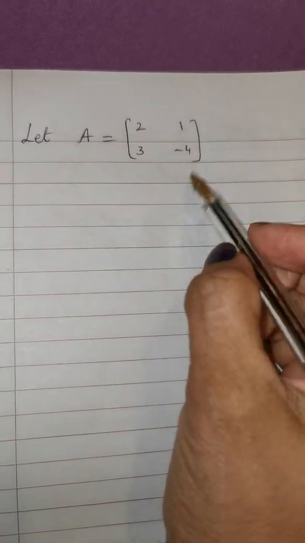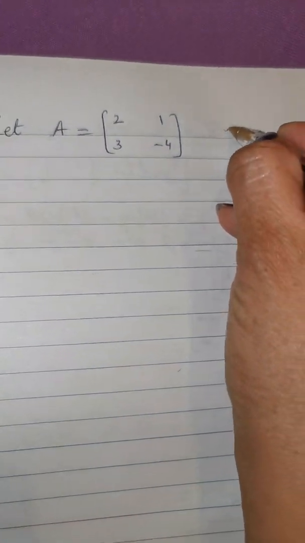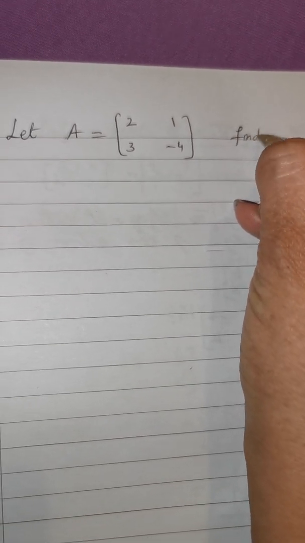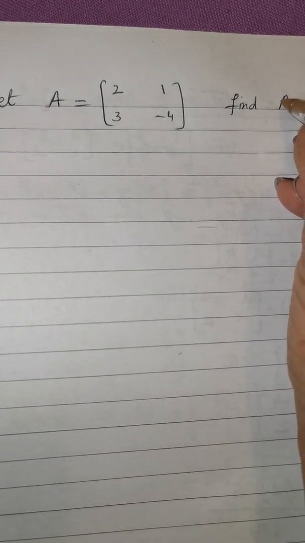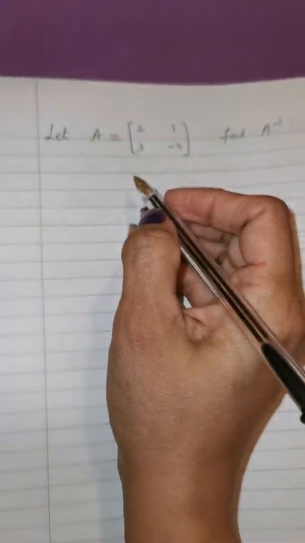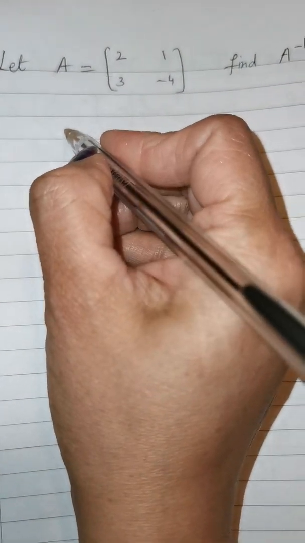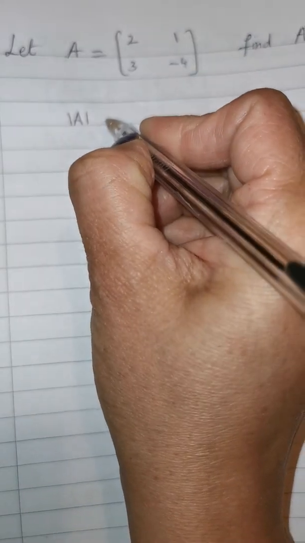Now in this step I will show you how we can find the inverse. They will give you a question like that. They will give you a matrix and ask you to find A inverse. So whenever you have to find A inverse, the first step is to find the determinant of this matrix. How can you find the determinant?